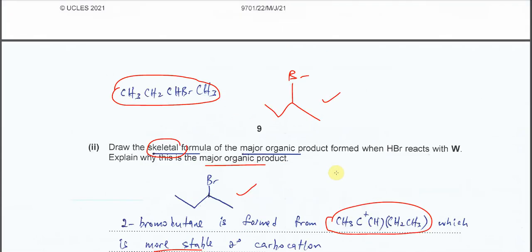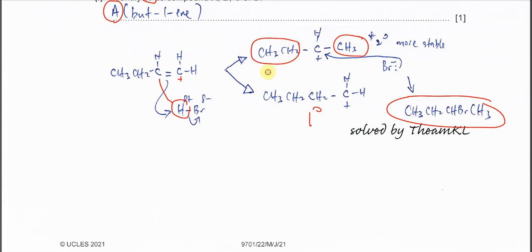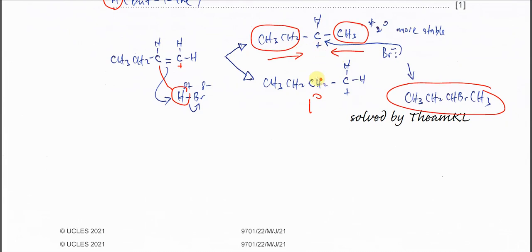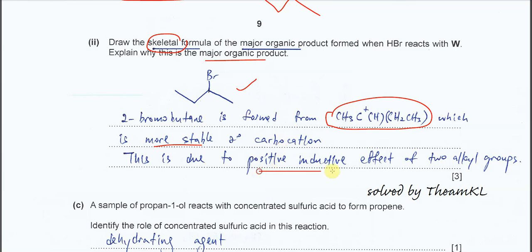Because the 2 alkyl groups here have the effect we call positive inductive effect. They push their electrons to the positive side, and this positive charge is reduced, so we say that it's more stable. It's due to the positive inductive effect of the 2 alkyl groups.